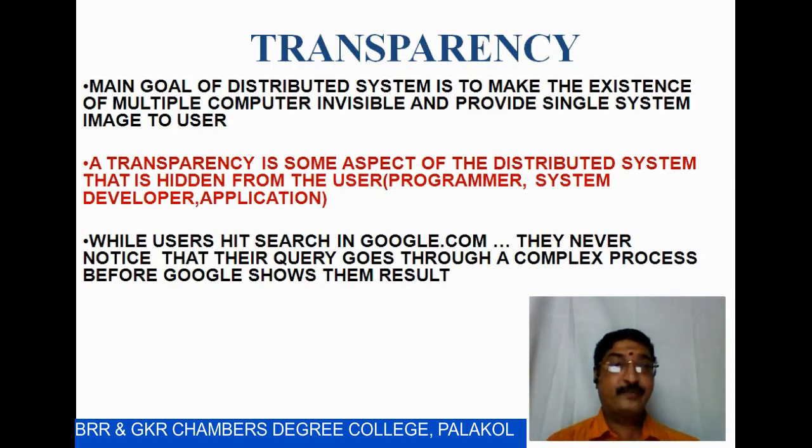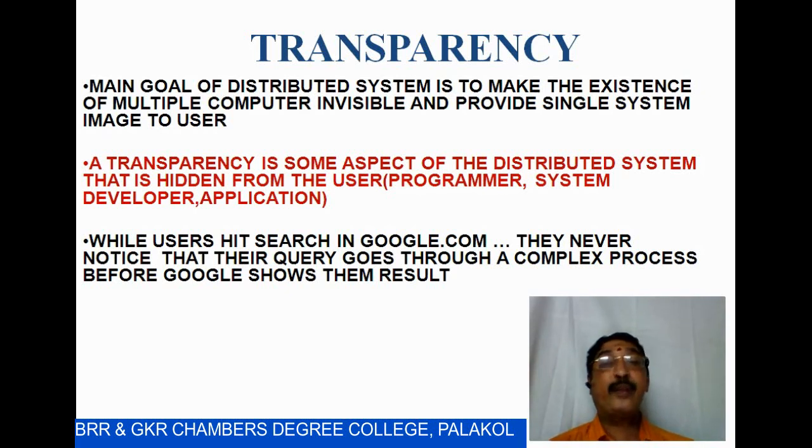The main goal of a distributed system is to make the existence of multiple computers invisible and provide a single system image to the user. This is very, very important. In a distributed system, the task will be executed at several locations.